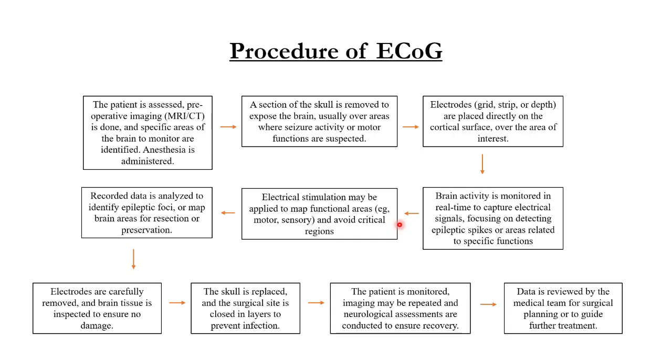After that, the recorded data is analyzed to identify the epileptic foci, and then the electrodes are carefully removed, the skull is replaced, and the surgical site is closed. The patient is monitored, and neurological assessments are conducted to ensure recovery, and the data is reviewed by the clinicians for surgical planning and further treatment planning.